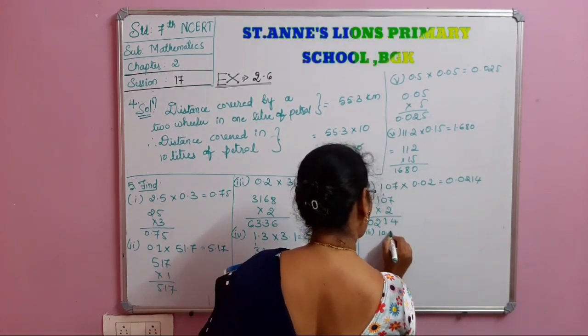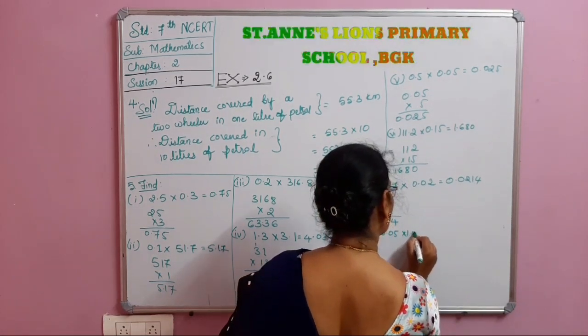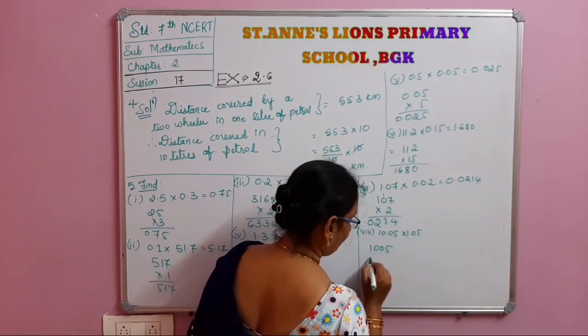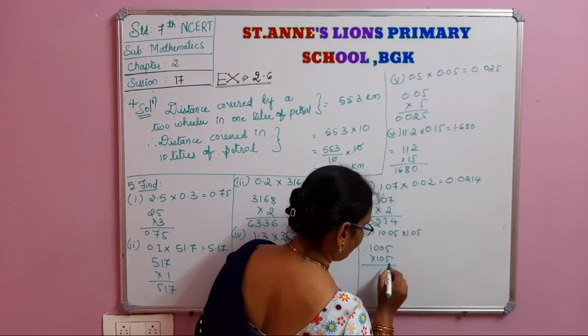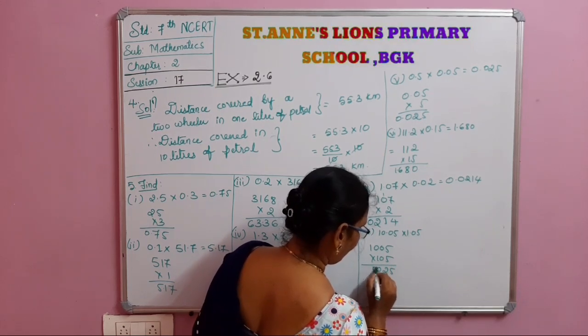Now the eighth one. 10.05 into 1.05. See here. Okay. 5 5s are 25 carrying 2. 5 zeros are 0 plus 2, 2. 5 zeros are 0. 5 ones are 5.